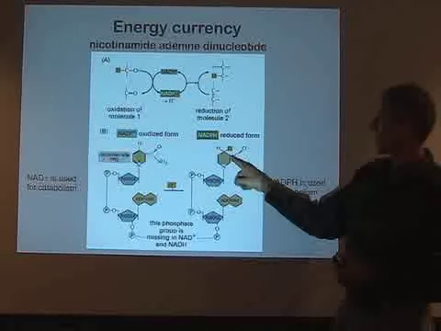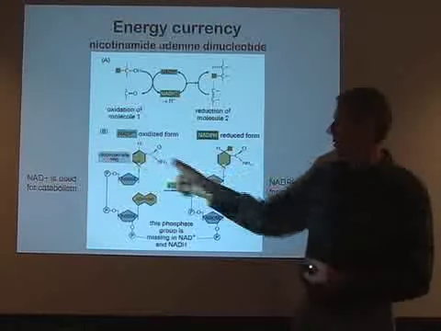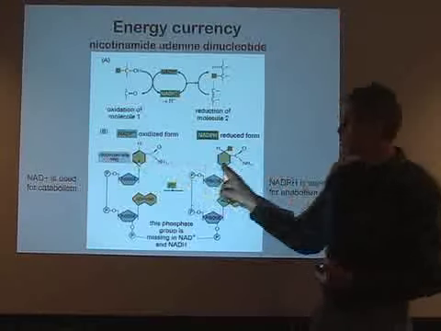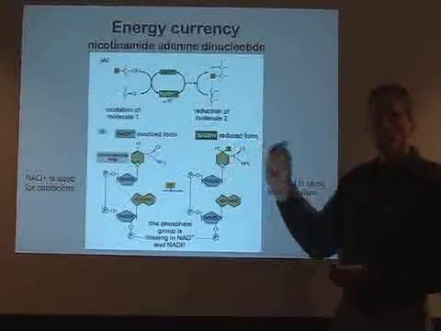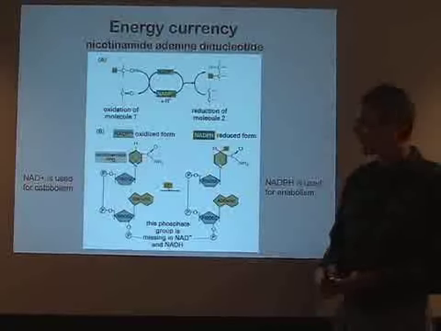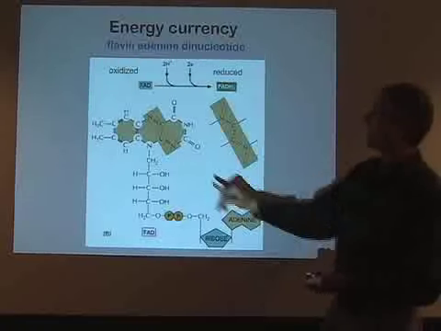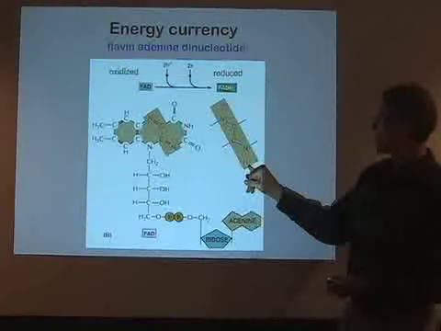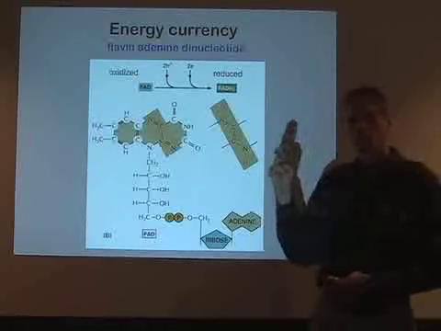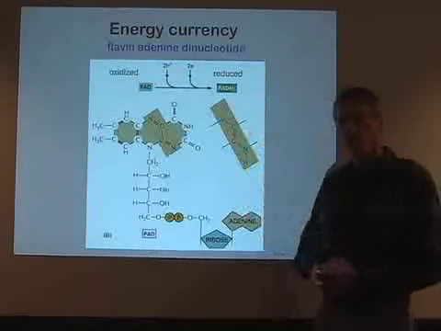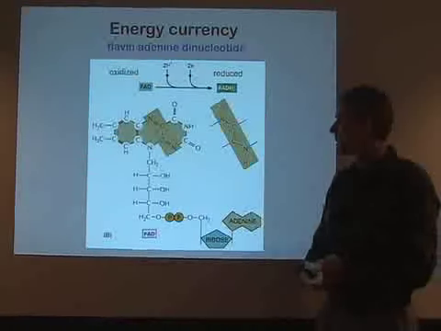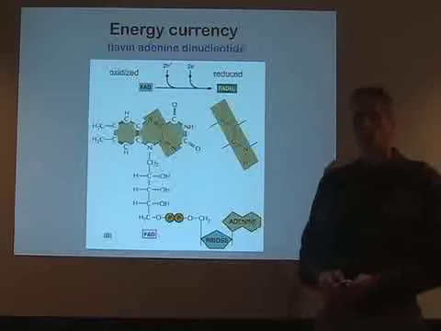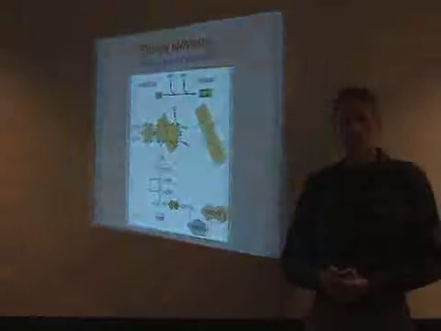This hydrogen adds to this double bonded ring, and that's the reduced form. So that's carrying a proton and 2 high energy electrons. For FAD, this structure here carries 2 protons and also 4, count them, high energy electrons. So this is called FADH2. That's the reduced form, carrying those high energy electrons.